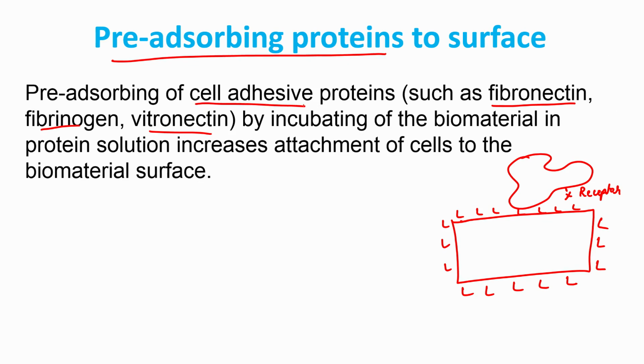If I incubate my biomaterial with these proteins for some time, these proteins will coat the surface completely, and then I can put this implant with cells or in the body. These proteins may still come off, and we are going to talk about this in the next few slides, but it increases the probability that one of these proteins will start interacting with this cell receptor X and give the signaling that I want this surface to give.